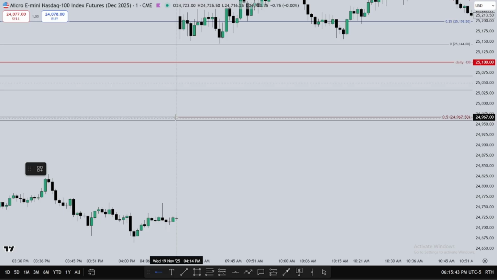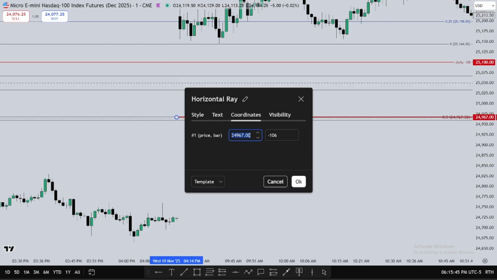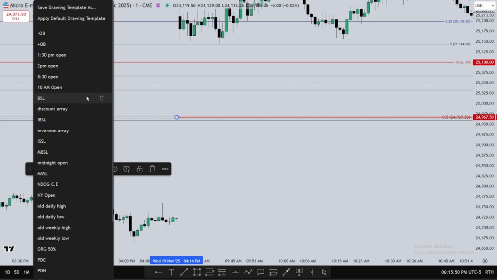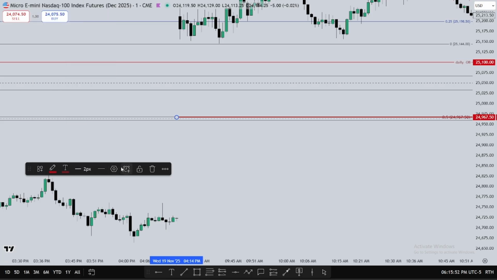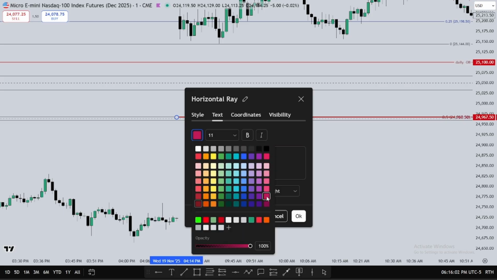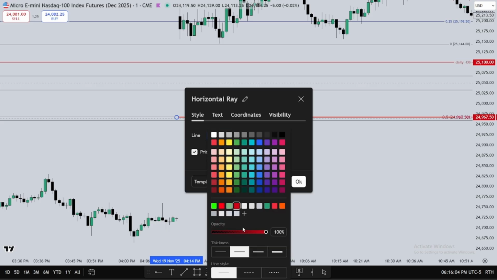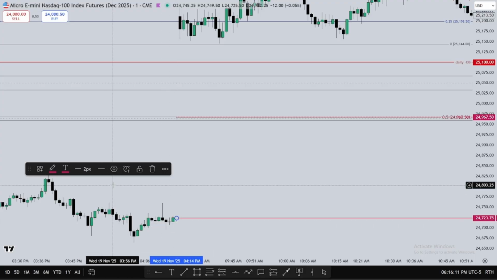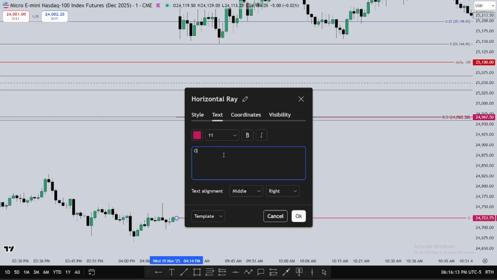967.50. It's my opening range gap 50%. And then you have the low, range gap low.